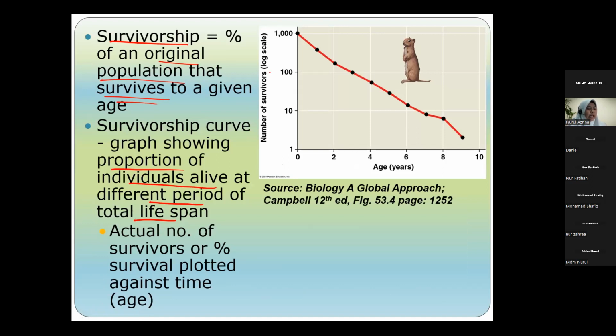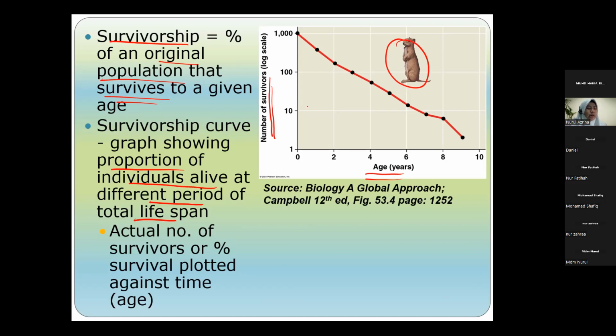So you can see y-axis is the number of survivor, usually number or percentage, and the x-axis is age. You can see example of this organism, Belding squirrel, right?